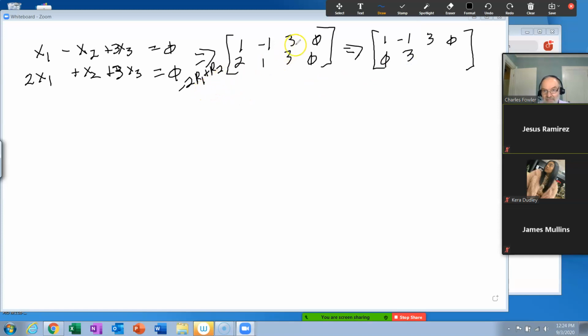And negative 2 times 3 is minus 6 plus 3 is minus 3. And guess what? Negative 2 times 0 is 0 plus 0 is 0. Those zeros will never change. No matter what elementary row operation you do, they are going to remain zeros.